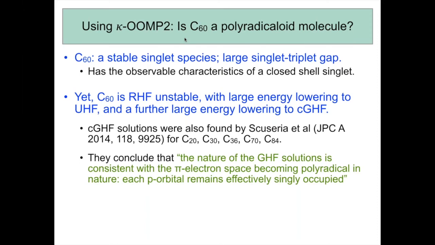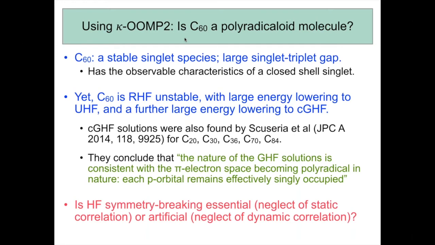You should not think about the pi orbitals of C60 as some being doubly occupied and some empty. Instead, all 60 of them are effectively singly occupied and recoupled to a singlet. This would be an example of strong correlations emerging as the number of pi electrons gets large. And this interpretation is absolutely consistent with the data.